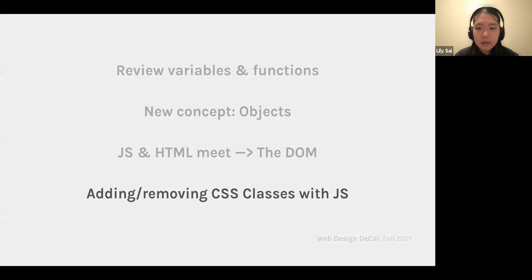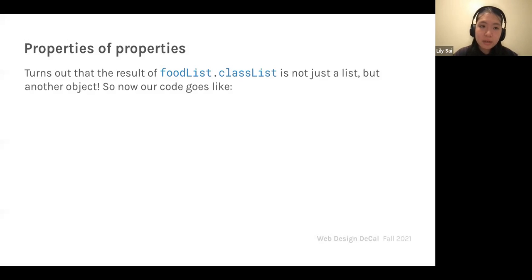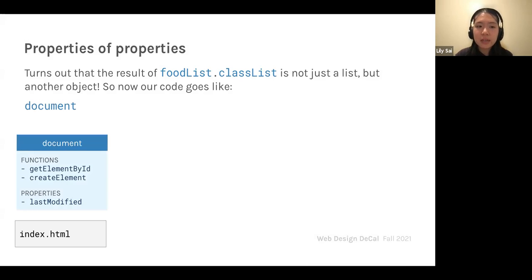The last thing that we'll cover is adding and removing CSS classes with JavaScript. It turns out that the result of foodlist.classList, which returned a list of the classes that foodlist had, isn't just a list, but actually another object.